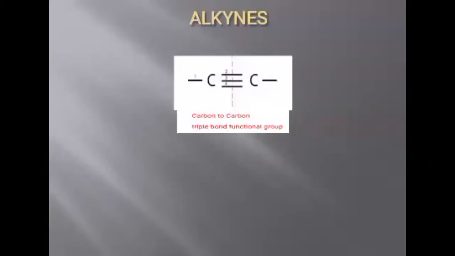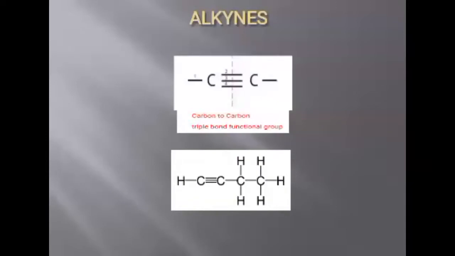An example of the alkyne functional group is what we have here in our structure. If you look at the compound very well, you'll see that we have 4 carbon atoms bonded with a single bond, except one which has a triple bond between the carbon and the carbon. Because of the presence of that triple bond, we will be able to say that this compound belongs to the alkynes family.